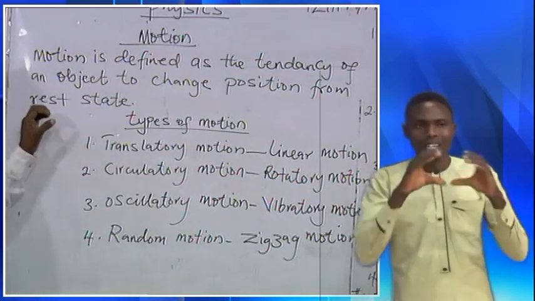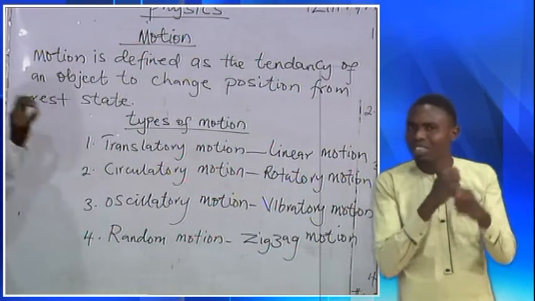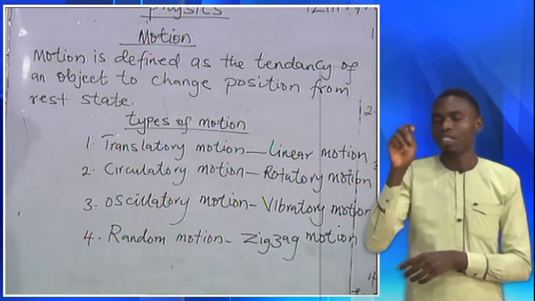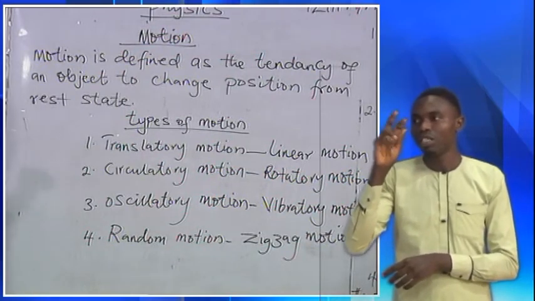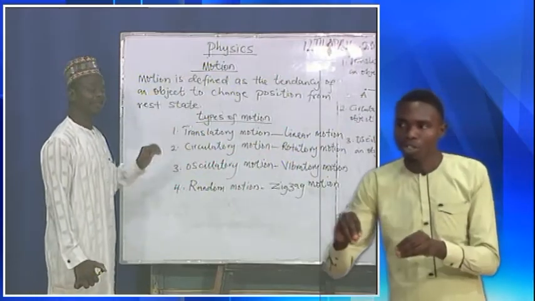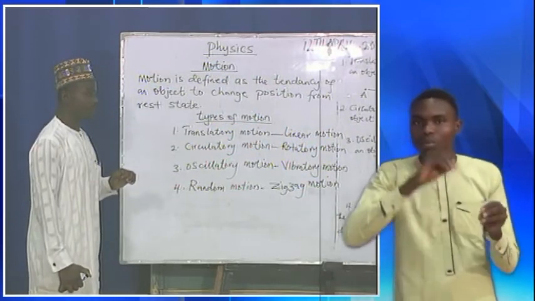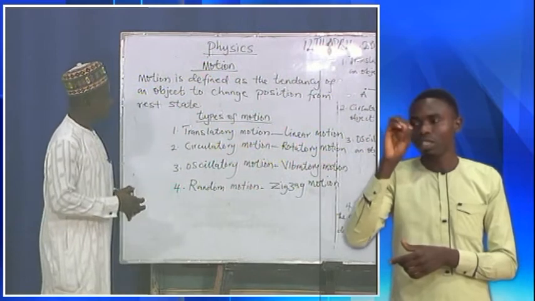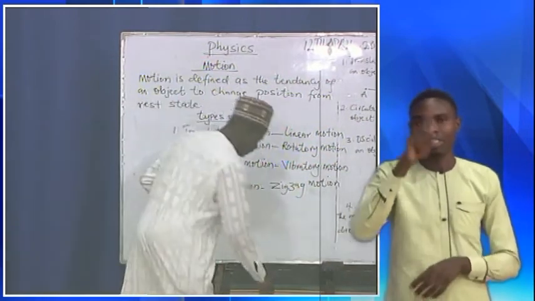We have translatory or linear motion, circulatory or rotatory motion, oscillatory or vibratory motion, and random or zigzag motion.